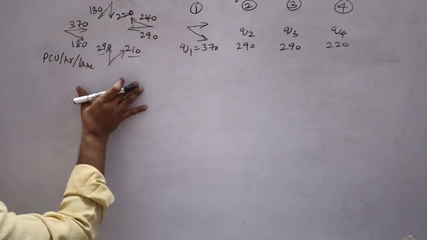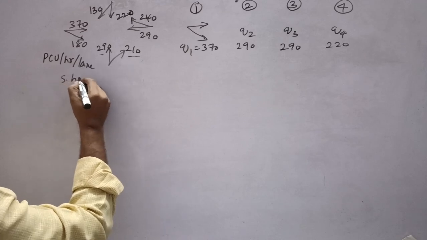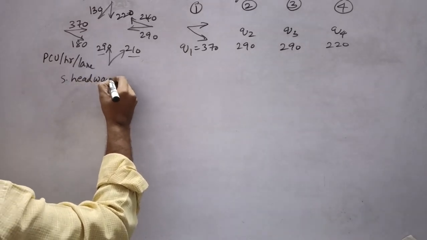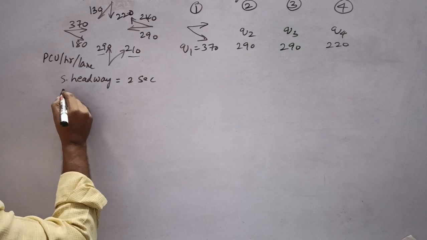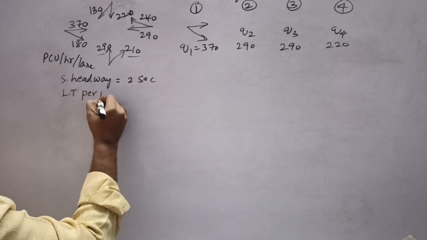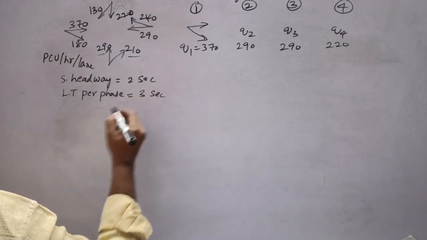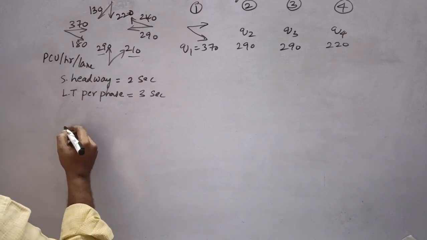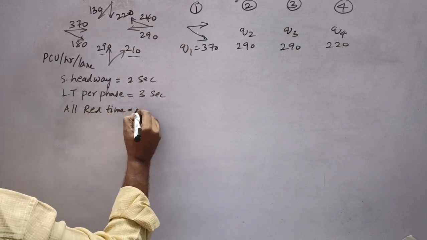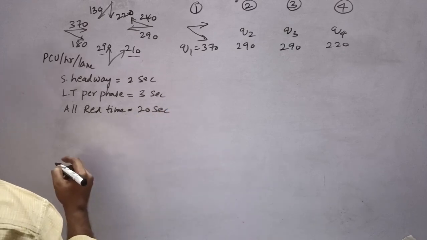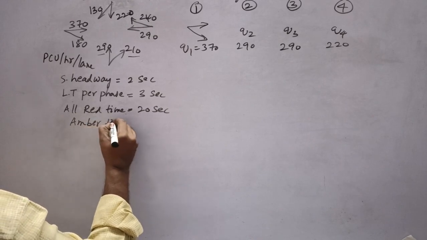And the data given, I'll write it here. Saturation headway is 2 seconds. Lost time per phase, that is per cycle, is also 3 seconds. All red time is 20 seconds and amber time is 3 seconds.